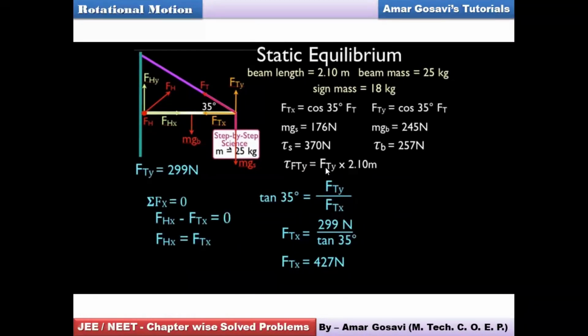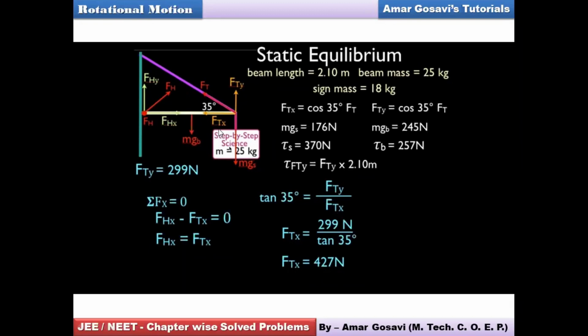Once Fty is known, you can put tan 35 as opposite side upon adjacent side. So Fty is the opposite side in the force diagram, and the adjacent side is Ftx. From this you can work out Ftx.